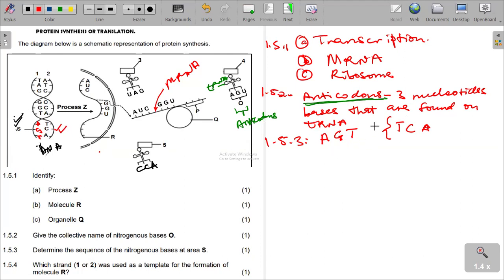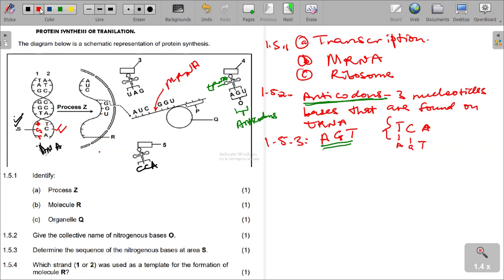T pairs with A, C pairs with G, and then A pairs with T, which is the reason why we are saying our answer is AGT.